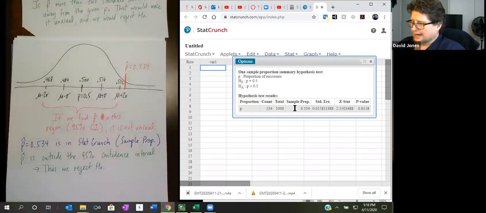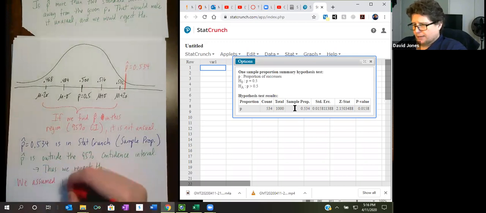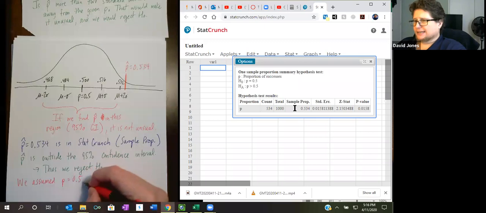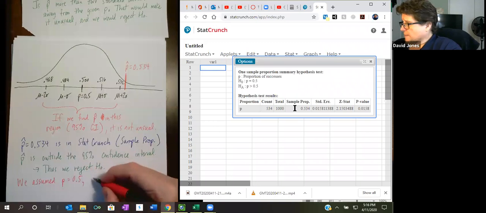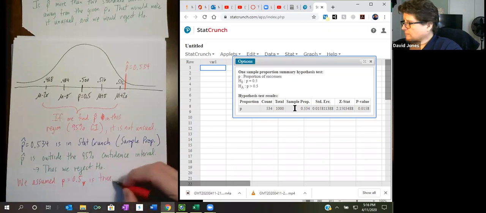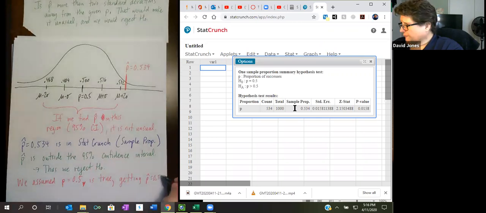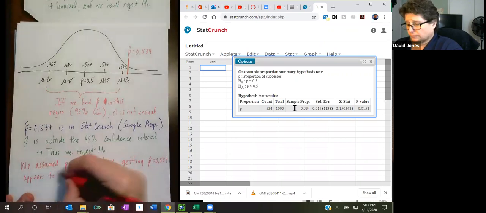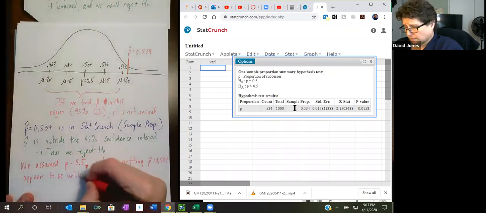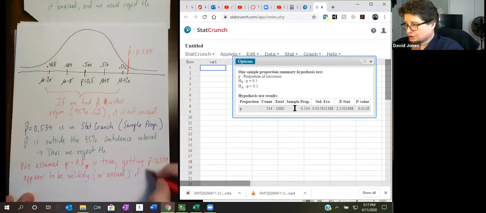And the idea behind that is we assumed p equals 0.5, the initial given value, is true. Getting a p hat of 0.534 appears to be unlikely, or unusual, if that assumption is true.